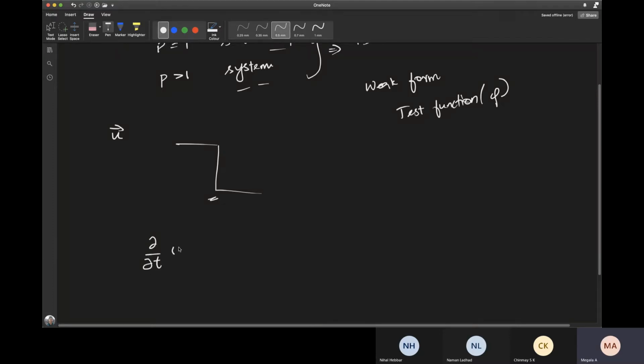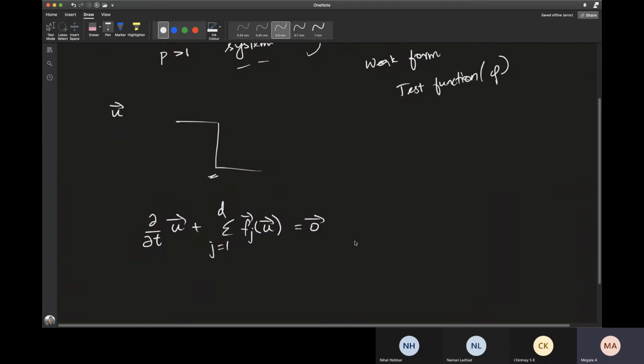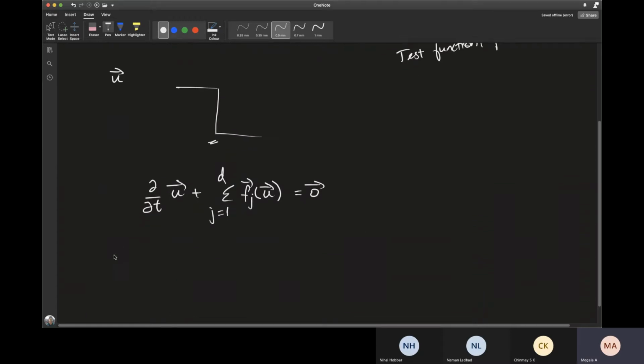So this is our system of conservation law, a multi-dimensional system. So this is our system. Let's say that we have some function U of small u vector. This is the entropy. Such a function will be an entropy function if the following condition is satisfied.